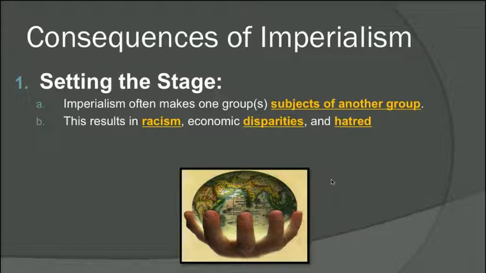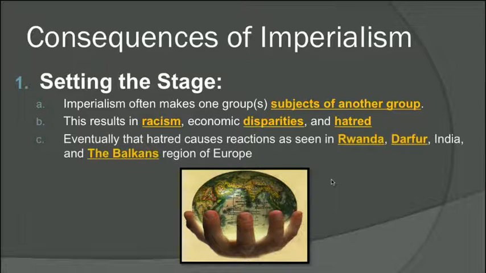When one group is hungry and another group is affluent, that can lead to revolutions, it can lead to warfare, it can lead to all sorts of conflict. And a lot of that stems from racism. Eventually, that hatred caused reactions as seen in Rwanda, Darfur, India, and the Balkans region of Europe.